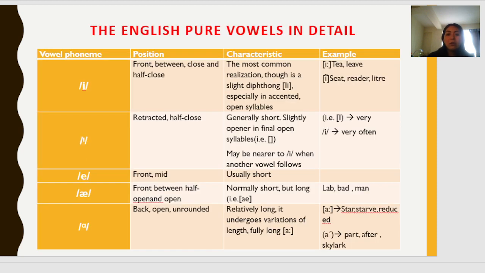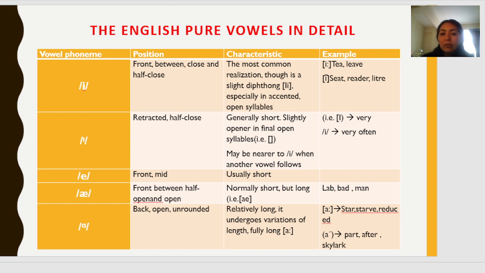The English pure vowels in detail. To understand the topic better, it is necessary to present the articulatory level of vowel phonemes. We have the first vowel phoneme. The position is front, between close and half close.